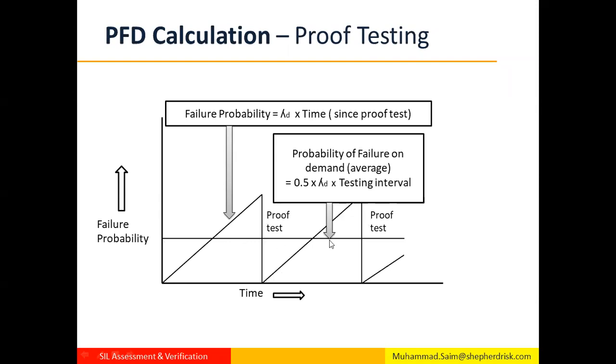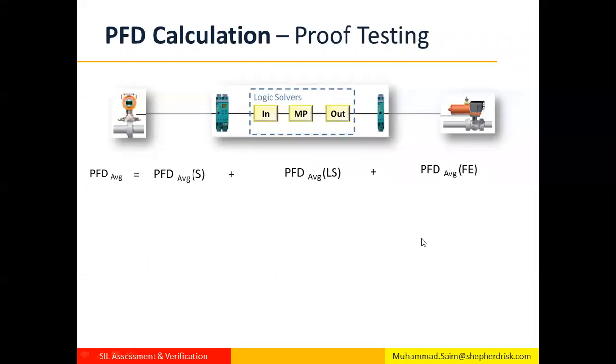And the average PFD is maintained at a desired level. So we calculate the PFD for each of the components of the safety function, that is for the sensor, the logic solver, and the final element. And we sum that up to calculate the PFD of the safety function.